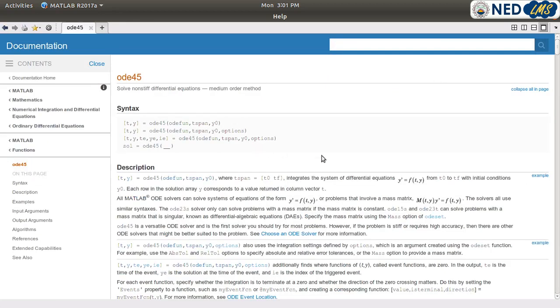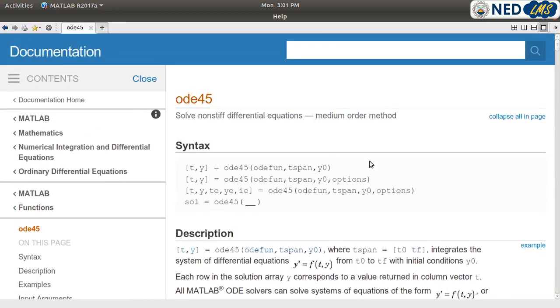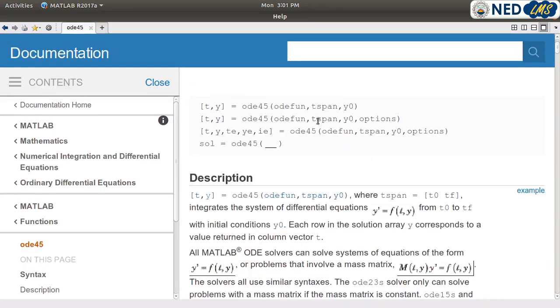Now here you can see this ODE45 function takes three inputs. One is odefun, second is tspan, and third input is y0. Whereas the outputs are t and y, which are of course the time variable and the output y variable.